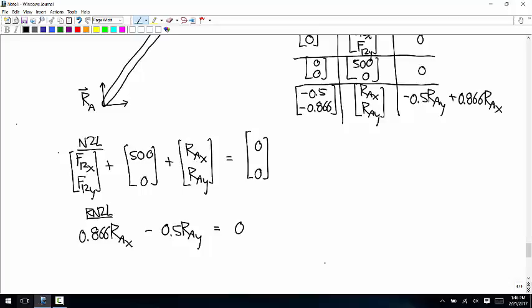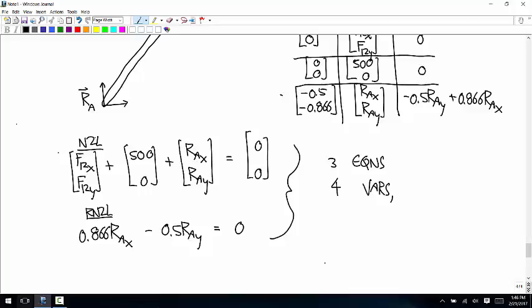Okay, so can we solve this yet? In a rigid body problem, we would be able to, but in this case, we have three equations. How many variables do we have? 1, 2, 3, 4.